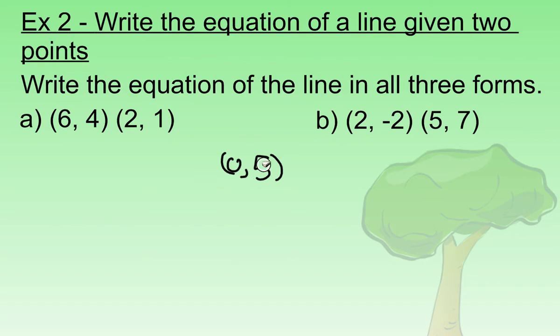Now, what's missing here from using that formula, or the form y minus y1 equals m times (x minus x1)? We have a point. In fact, we have 2 of them. What's missing is the slope.